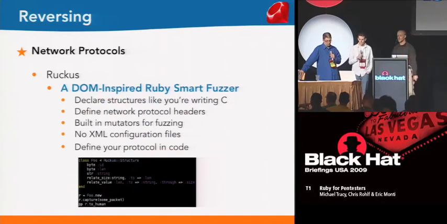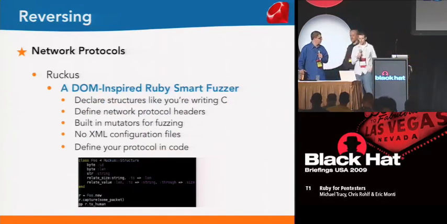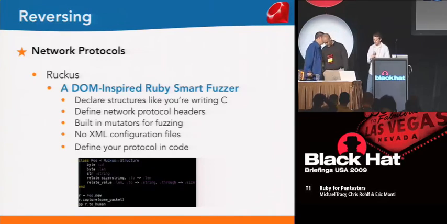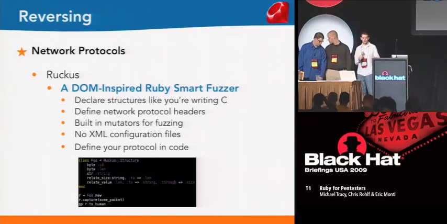Okay. So Ruckus is kind of like, I don't know if anyone has ever used Ruby's bit struct or bin data. It's a way of declaring binary structures in Ruby, sort of like the way you would do it in C. So Ruckus is meant to be a pretty flexible tool. The more you learn about a protocol, the more you can change your Ruckus structures on the fly, and the easier you'll be able to manipulate that protocol.